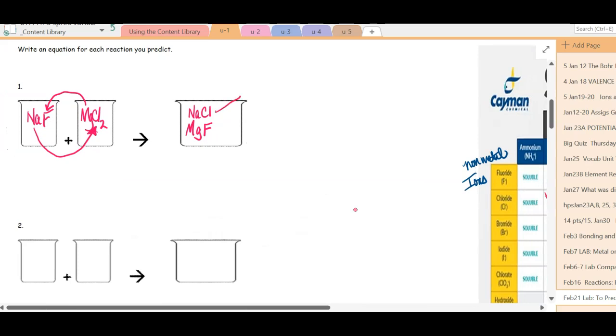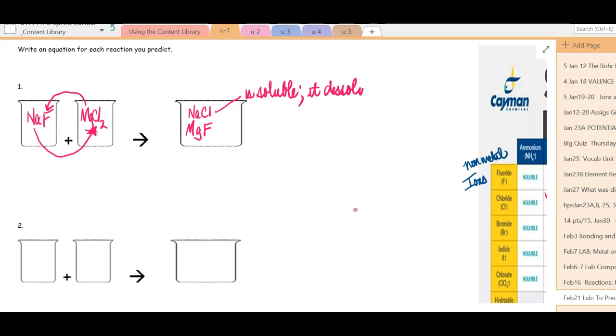So let's go back. This is soluble, which means it dissolves in water. Whereas this one is insoluble. When it forms in the reaction, it clouds up the solution because it can't dissolve.